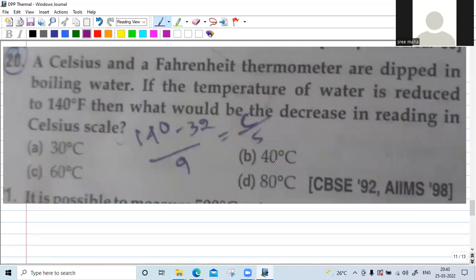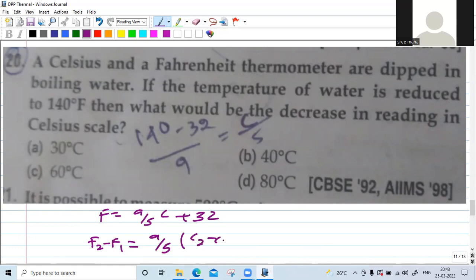But I didn't get it. You have to use that. From this you get F2 minus F1 is 9 by 5 (C2 minus C1).